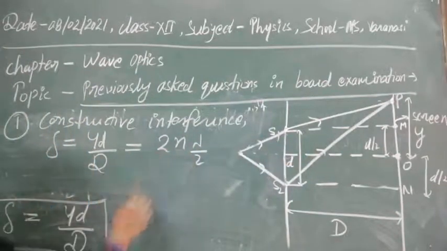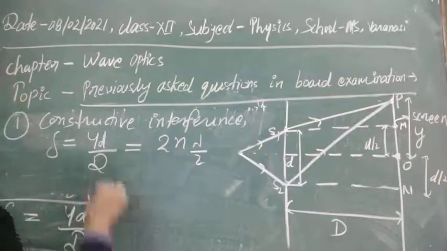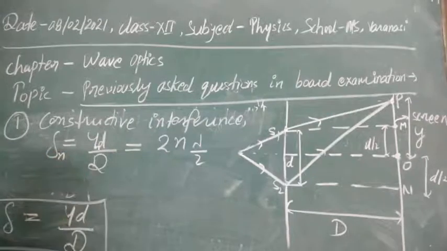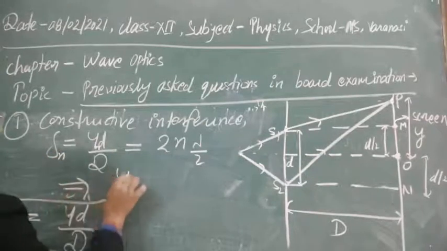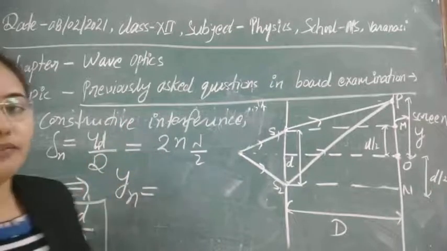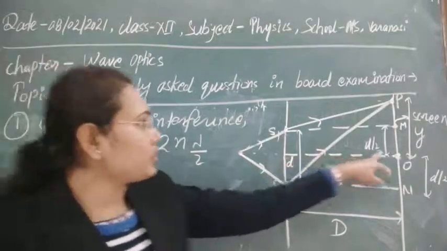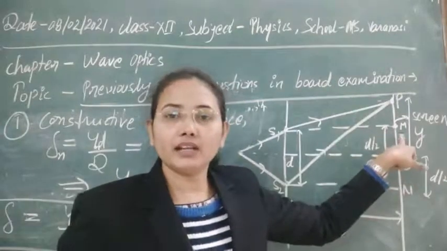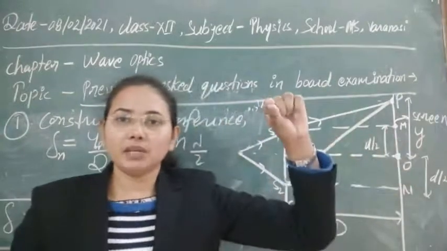And if we are talking about the nth order, suppose this is yn and this is delta n, so from here you can obtain yn. n represents the order of the fringe, means at this point we are getting first minima, second minima, third minima.